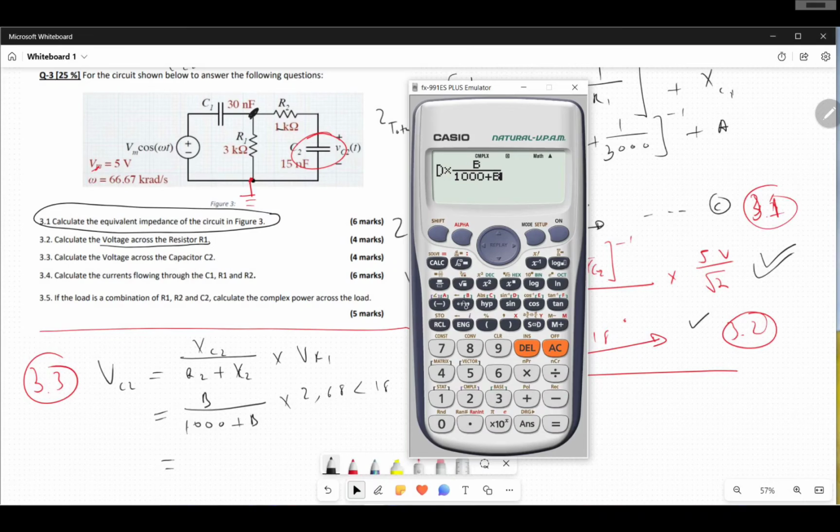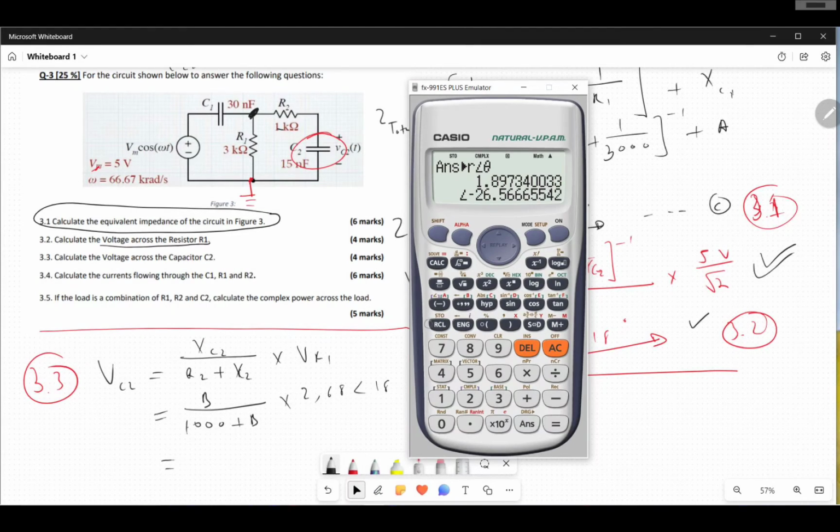plus alpha B. It's in rectangular. You can convert it to rectangular, but I just like this one for no reason. And then I have now, it's going to be negative 26.